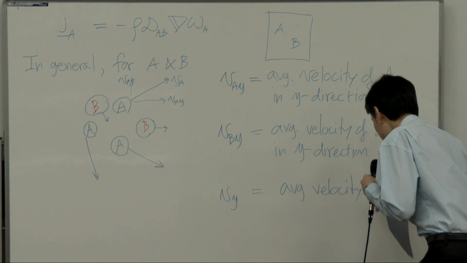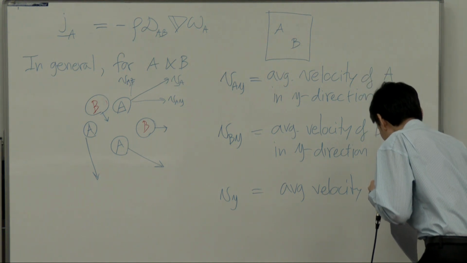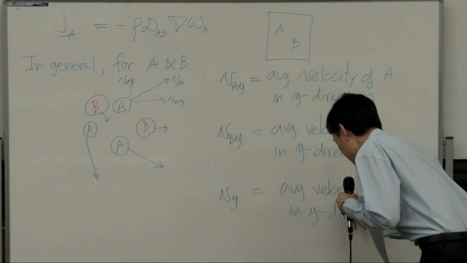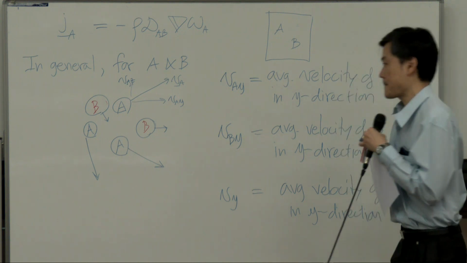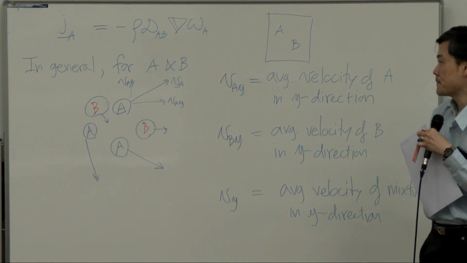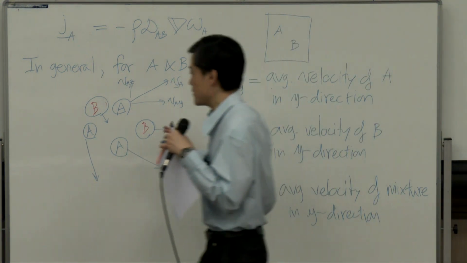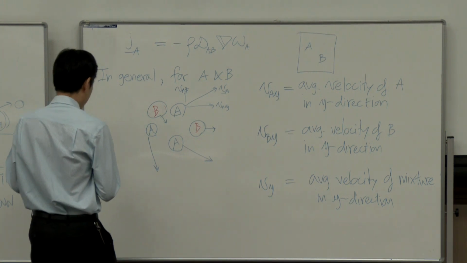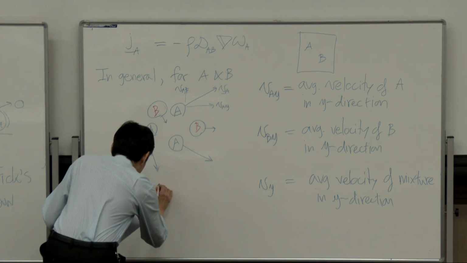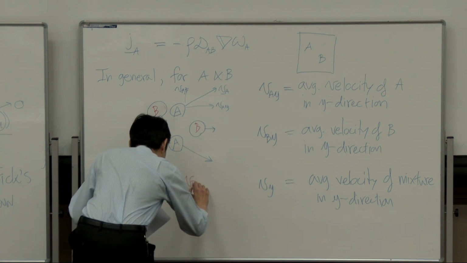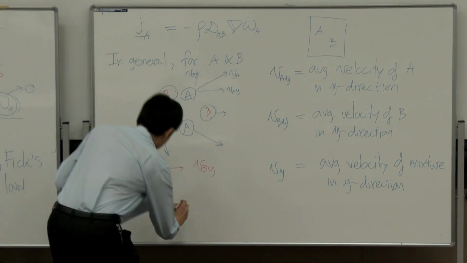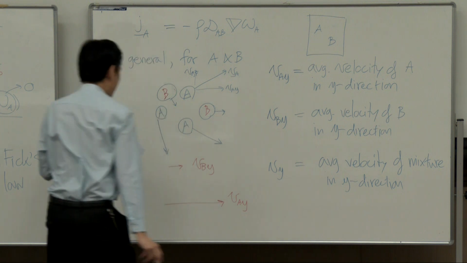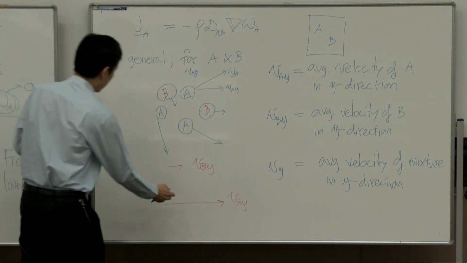Everything here is called mixture. So this is average velocity of the mixture in y direction. Now if I draw the diagram, I can see that VBY would be short. VAY, on average, A would move faster, so the vector would be longer.